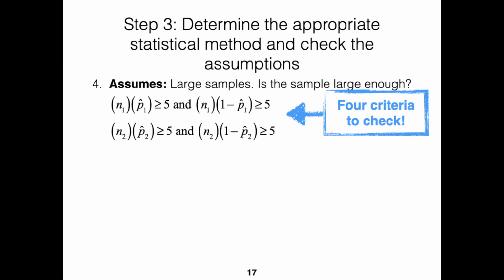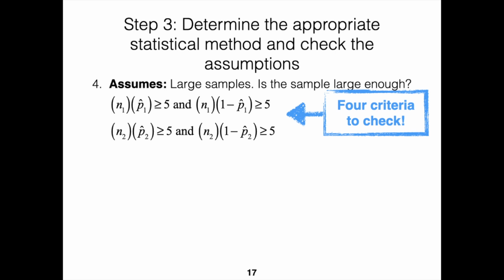Now, when it comes to using this difference between two population proportions method, we have this additional assumption, this large samples assumption. In order to use this tool, we need to make sure that we have lots of data. And the way we know we have lots of data is by checking these 4 criteria.